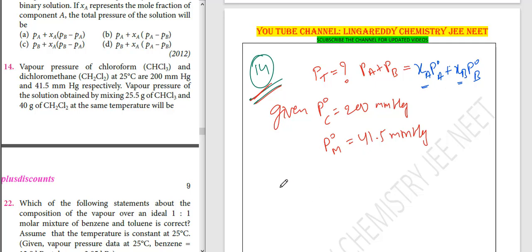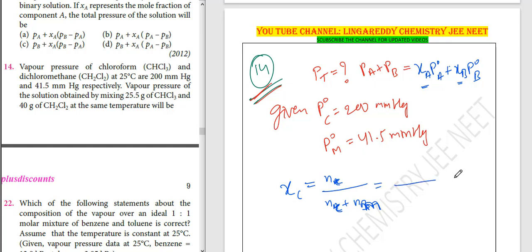XA means nothing but XC, mole fraction of chloroform. Mole fraction of chloroform I will get it by Na by Na plus Nb. That means Nc, chloroform number of moles upon chloroform number of moles plus dichloromethane number of moles.